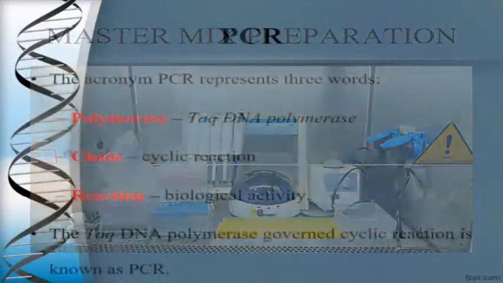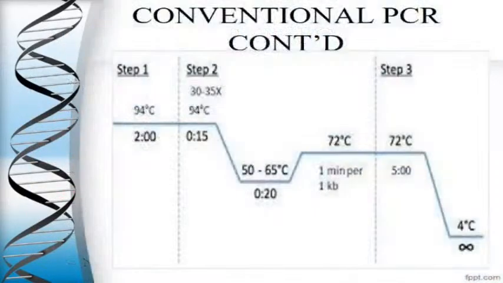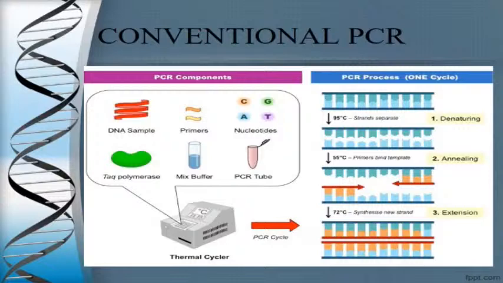So conventional PCR, just like I've mentioned earlier, these are the basic processes you pass through. You have your thermocycler, your Taq polymerase, the DNA sample, the primers, the mix buffer, the nucleotides, and the PCR tube. And then you look at the processes: the denaturation phase, the annealing phase, the extension phase.